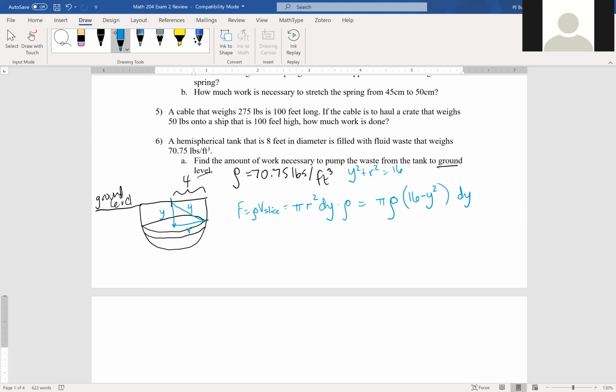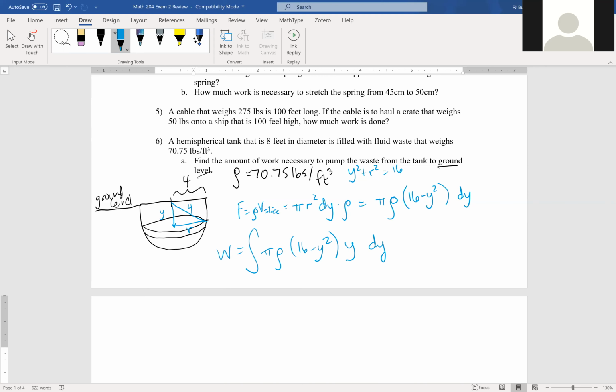All right, so then the work is the integral of my force. And then we need to do the displacement, which is y for any slice.